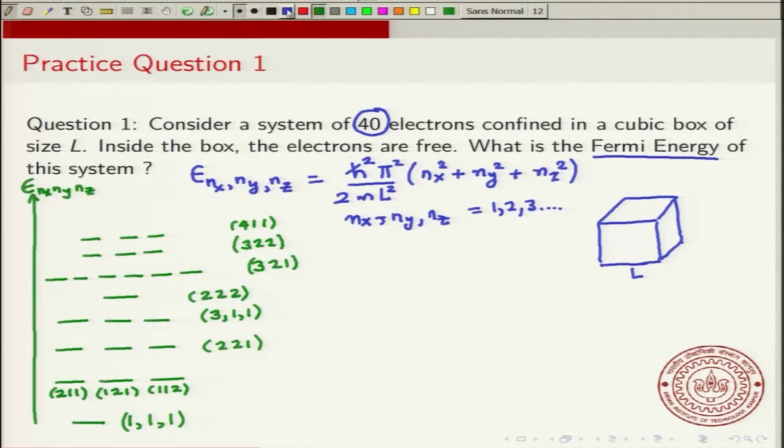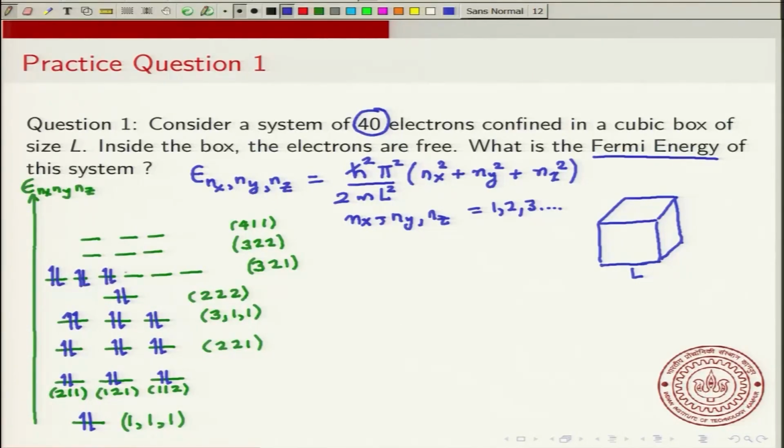Okay, now let us fill the electrons. So we will start from the lowest energy. We have to fill 40 electrons. So 1 2 3 4 5 6 7 8, that makes it 14, 20, 22.